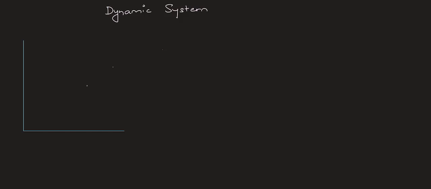To understand a dynamic control system better, let us go back to this XY graph where x represents time. It is very important that you note, for a control system, the x-axis is always time. The y-axis can be any component.